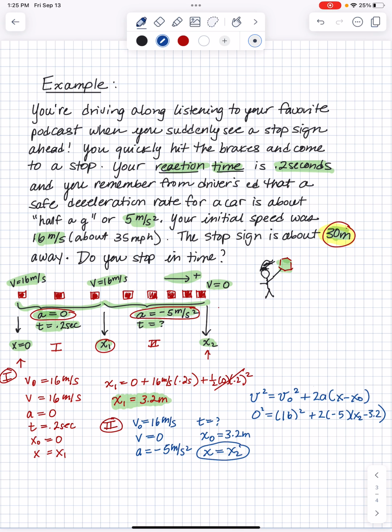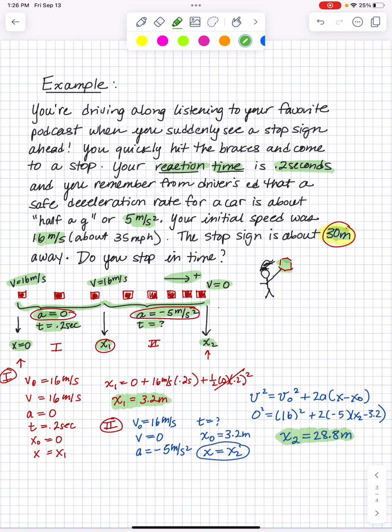I'll squeeze it in there. So now if I work that all out and solve for x2, and you can pause the video and do that to make sure you do it correctly, I get x2 equals 28.8 meters. And remember, that is measured relative to the original origin, so I don't need to add anything to it.